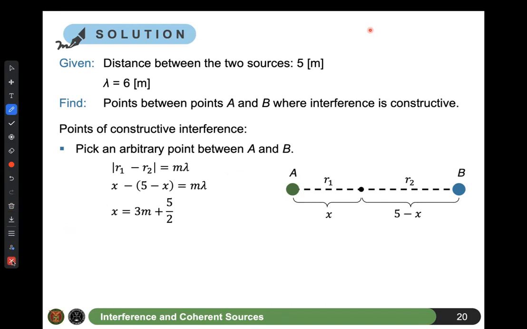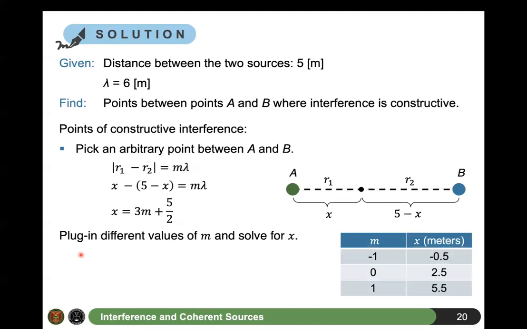Okay? Now, we plug in values for m. Again, m should be just integer. And if we plug in values for m, ito yung makukuha nating x. Ngayon, konti lang yung valid values for x. Kasi if m equals 1, x will be 5.5. Meaning, sumobra ka na dun sa distance ng A and B. Right?